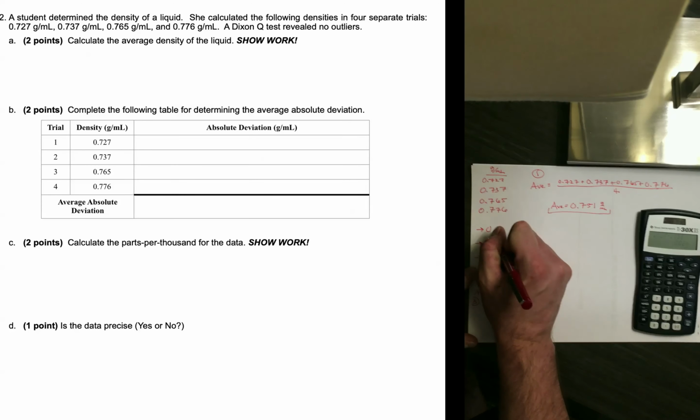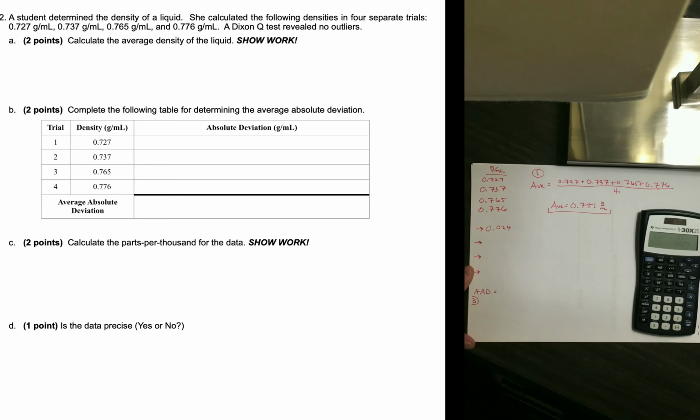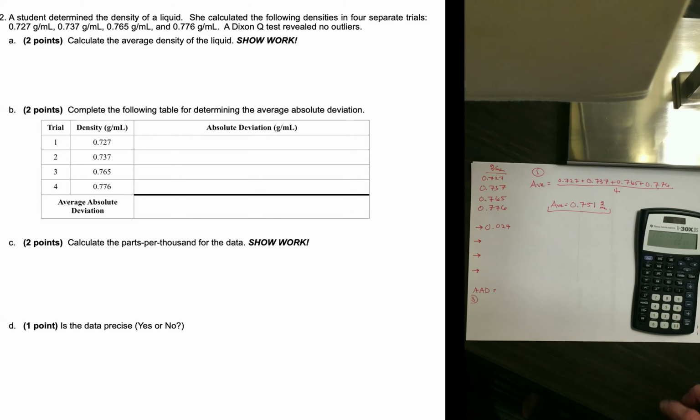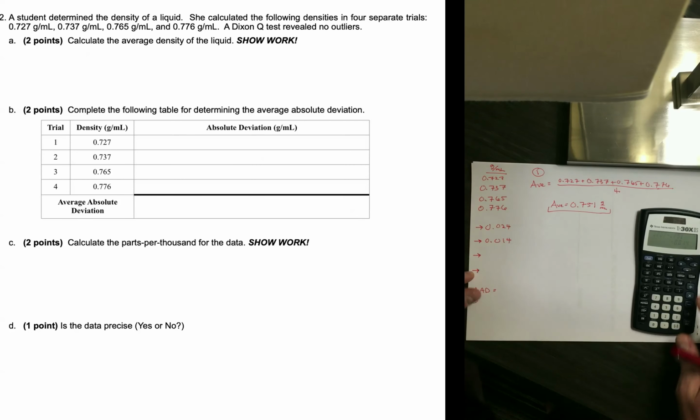So my first absolute deviation is going to be 0.024. Okay? Then I'm going to do the next one, 0.737 minus 0.751. And I get an absolute deviation, if I take the positive value of this, 0.014.